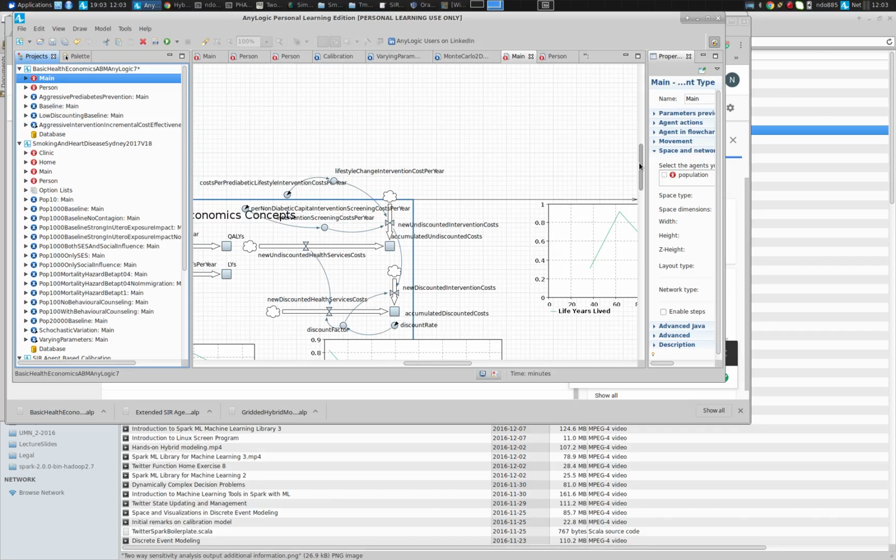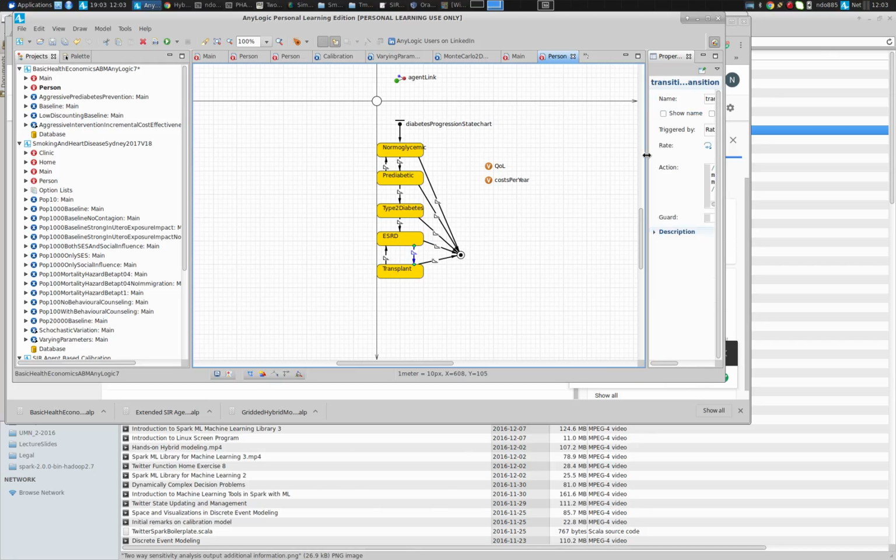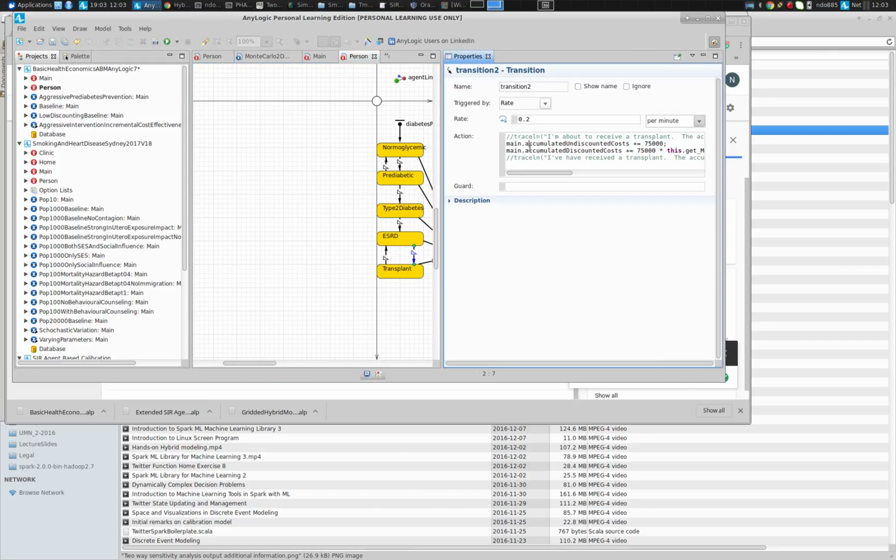Okay. Now, you'll notice these names like accumulated undiscounted costs, accumulated discounted costs. As the first link to them, I would note that when someone gets a transplant, we actually go and, what are we doing here? Does anyone recognize this?